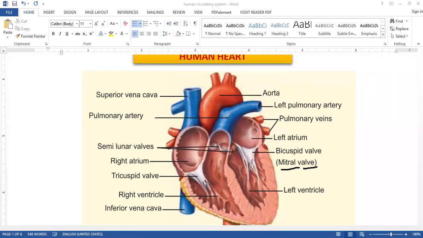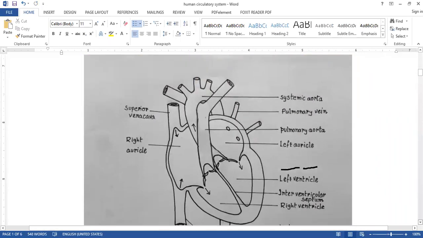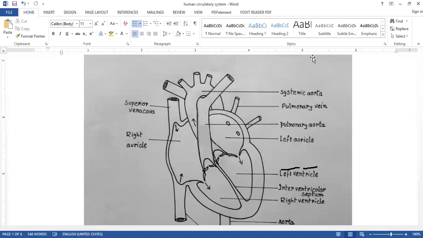Also, there are the tubes which start from the heart. You can understand more using this picture. Look at this picture now. You can observe very clearly in this picture, and I will draw also, don't worry.